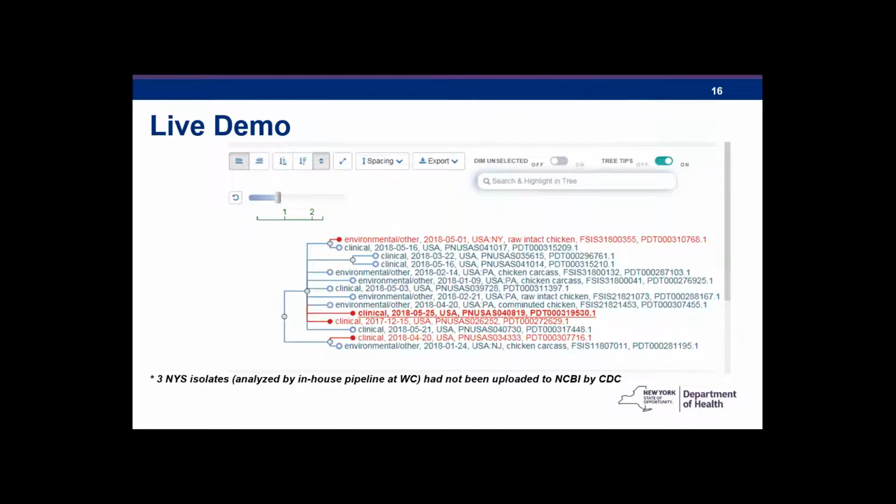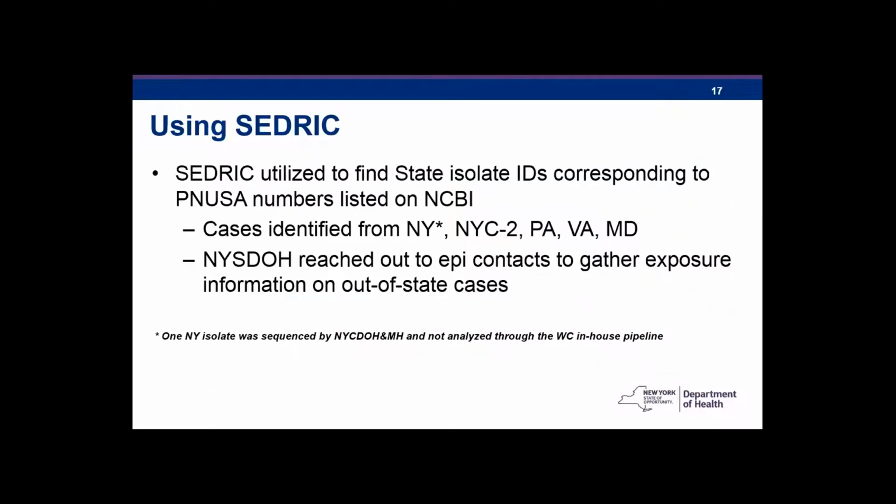So this is an actual shot from back then, where the red one that's underlined was the one I typed in the search box. You can see there are about 6 environmental isolates listed, and then a variety of clinical isolates.